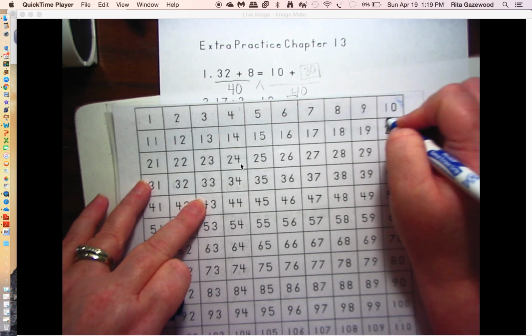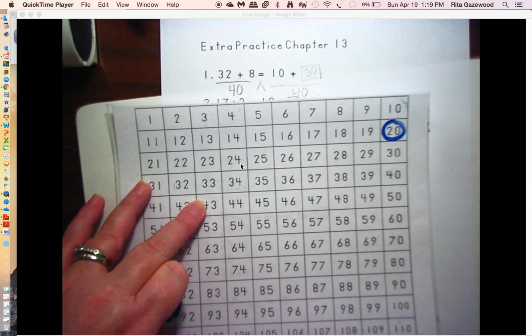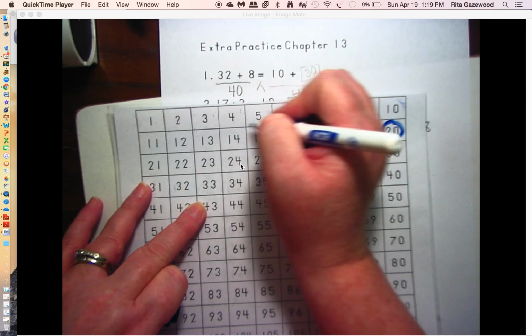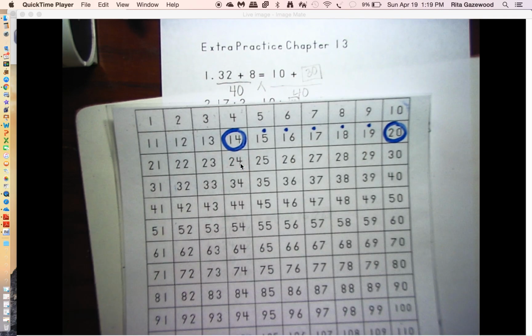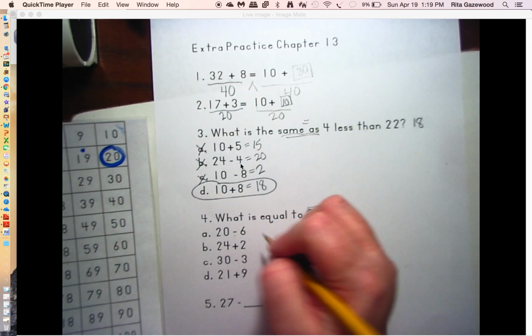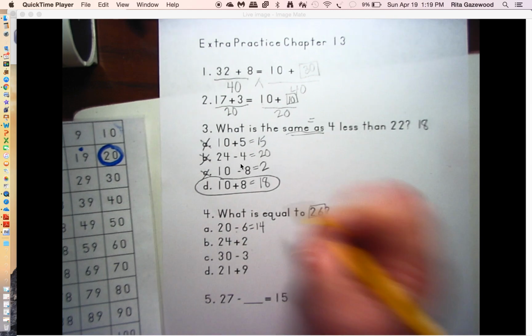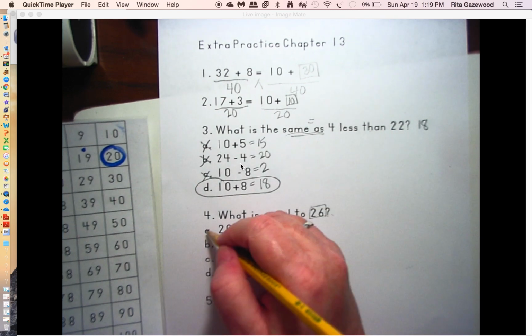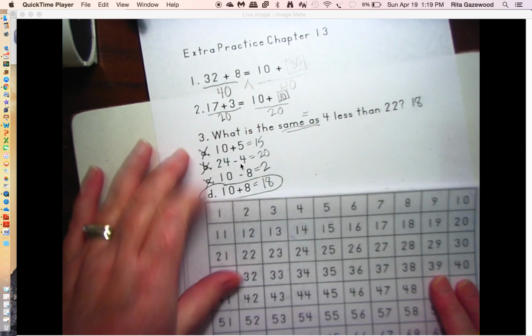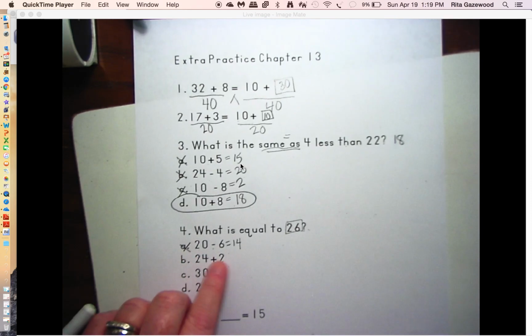So are we counting forwards or backwards? That's right. When you subtract, you count back. 1, 2, 3, 4, 5, 6. So 20 minus 6 equals 14. Is that the same as 26? Nope.